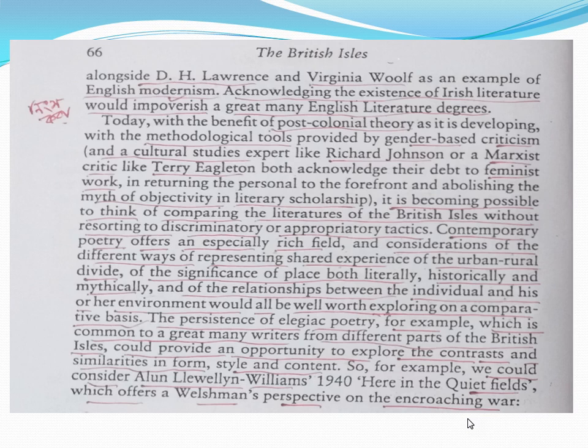That means Ireland will have an individual identity, Scotland will have an individual identity. So whenever we call it British comparative literature of the British Isles, we have to compare the literature of all these parts because they have political identity, geographical identity and the identity of their own language, culture and literature as well, just like Irish literature and the literature of Scotland.